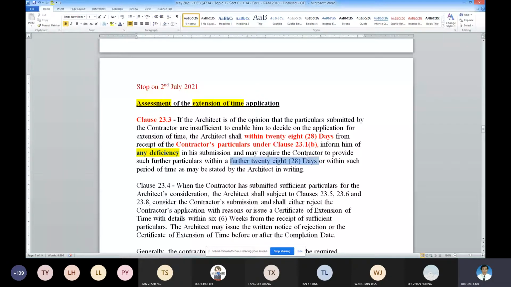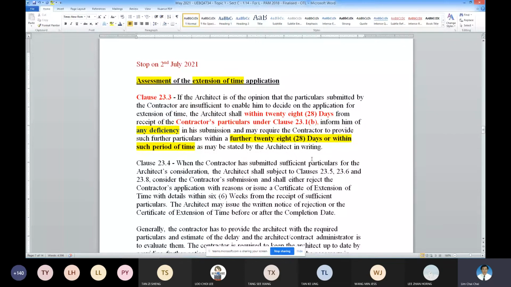It's important because these durations will affect the contractor's entitlement. So how to inform? It must be in writing. The architect must give in writing. So all these are important procedures that the architect needs to comply with and also the contractor. Okay.